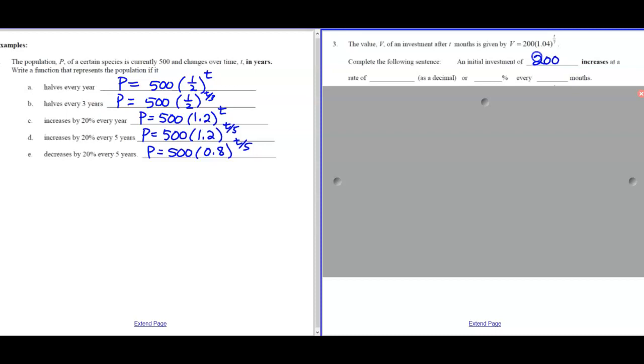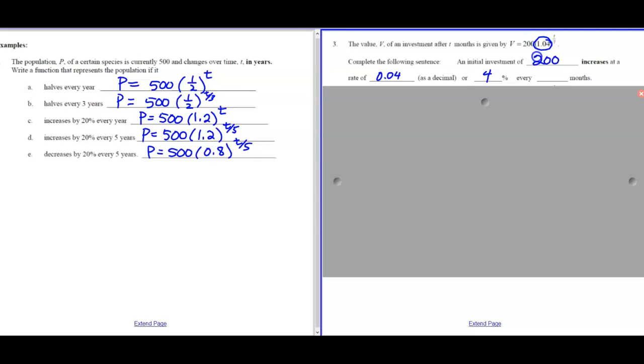Okay? So it increases at a rate. So this is what you're multiplying by. Remember that's 100% plus 4%. The 100 is keeping that investment in there. The 4% is what it is increasing by. And 4% is 0.04.